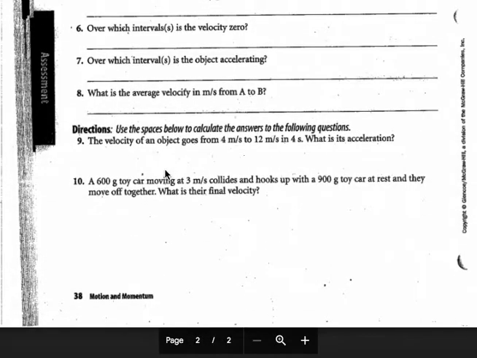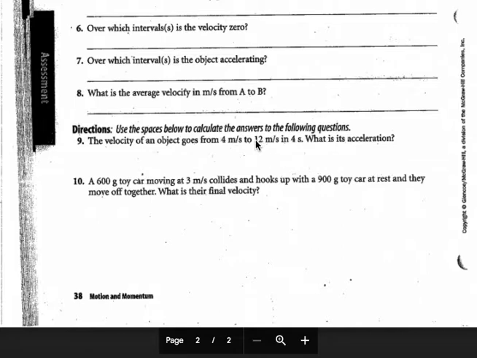Number 9, use the space below to calculate the answer to the following question. The velocity of an object goes from 4 meters per second to 12 meters per second in 4 seconds. What is its acceleration? If you remember back to lesson 1, our equation for acceleration is taking the final velocity, subtracting the initial velocity, finding the difference between those two, and then dividing by the amount of time that change took place, to find how fast an object is speeding up or slowing down.